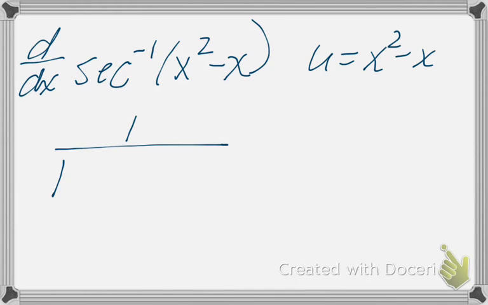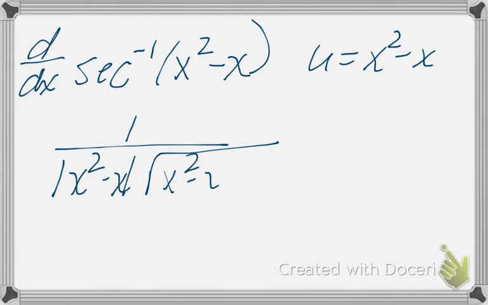So absolute value of x squared minus x, radical u squared minus 1, times the derivative of u, which would just be 2x minus 1. Okay, so it's rarely tested, but I just felt like you should know that.